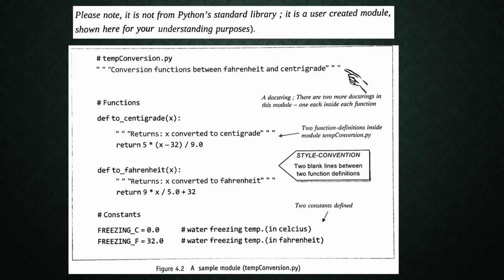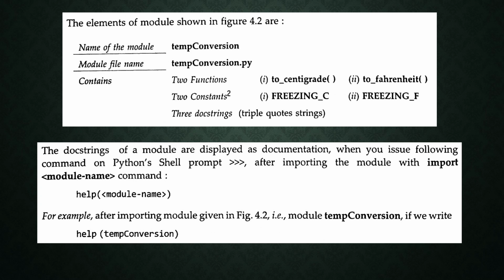Okay, next, go through the next slide. The elements of the module shown in the above figure are: the name of the module is temp conversion, and the module file name is temp conversion.py.